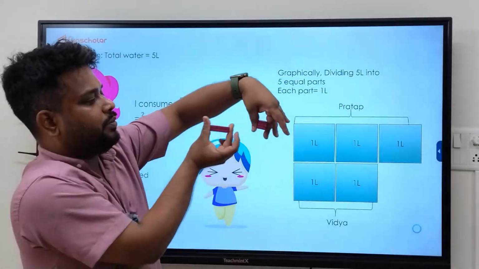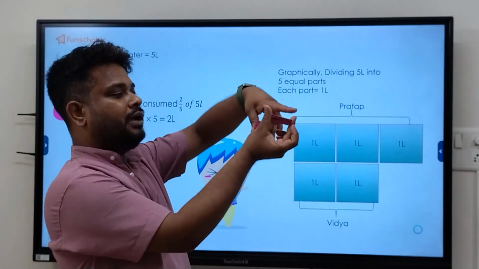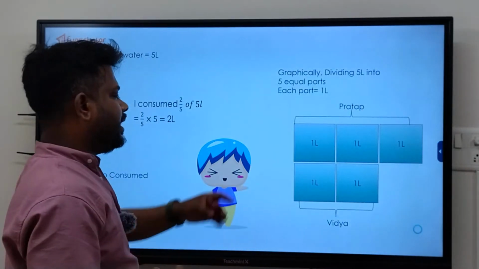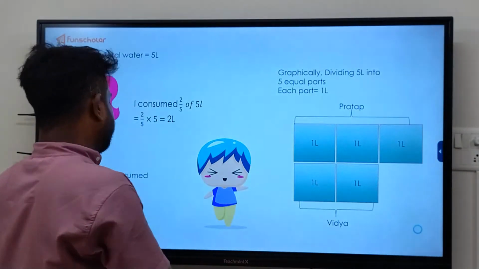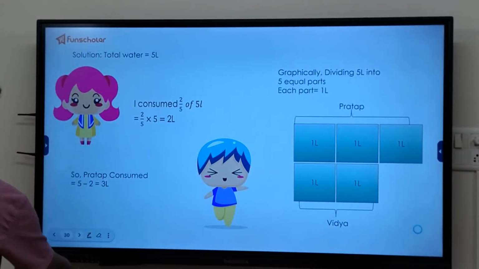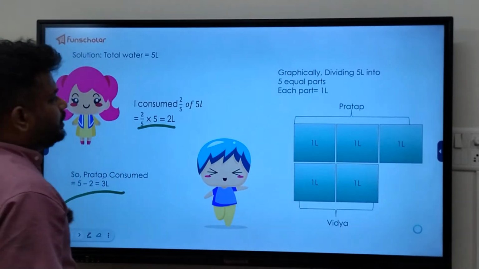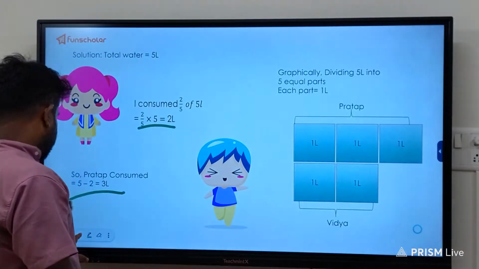One of them drank 2 liters, so this means 2 by 5, and the remaining is 3, so the remaining will be 3 by 5. So one of them drank 2 liters of water and another 3 liters, so together they drank 5 liters of water.